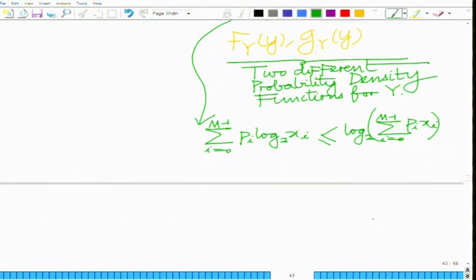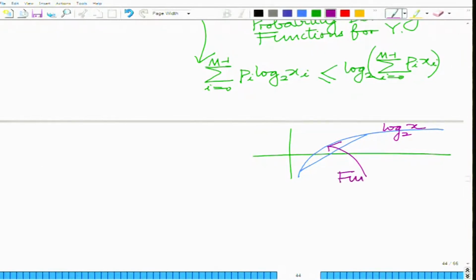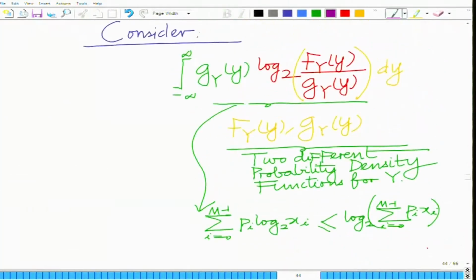That is, the function always lies above the chord for the log function.